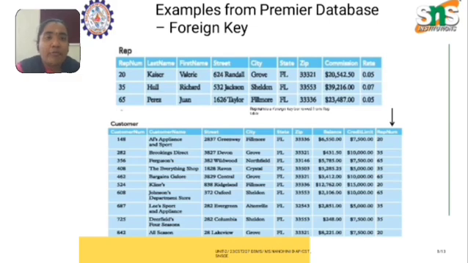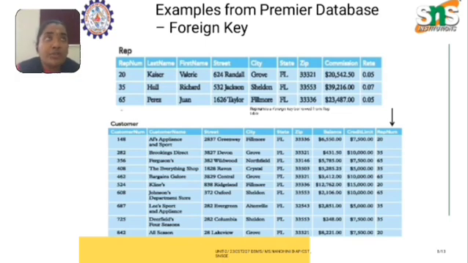For an example of a foreign key, there are two different tables. One table consists of REP number, last name, first name, street, city, state, zip, commission and rate. We are going to find a relation between these two tables. Here REP number is common to these two tables.